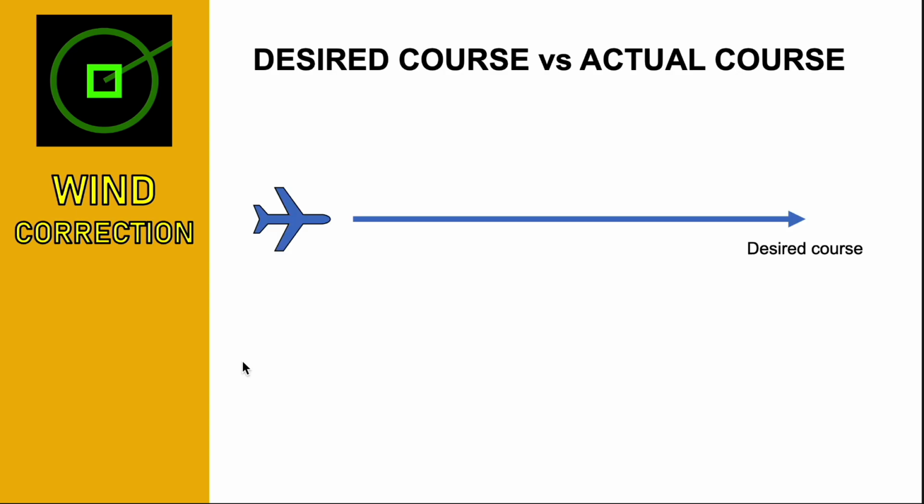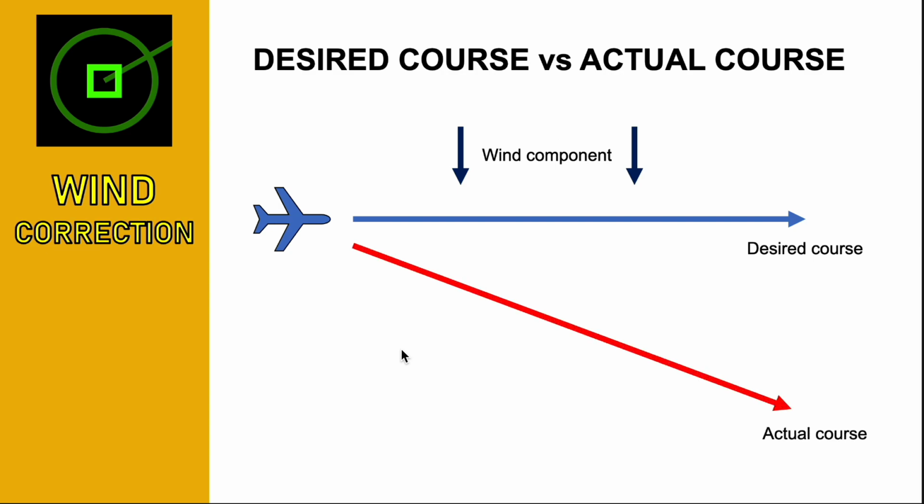So let's say that the plane is flying this course, because you want this plane to fly 090. Then there is a wind component. This wind is blowing, pushing this plane from this direction to this direction. So by the fact, the plane is going to do a different course than the decided course, and this is the actual course.